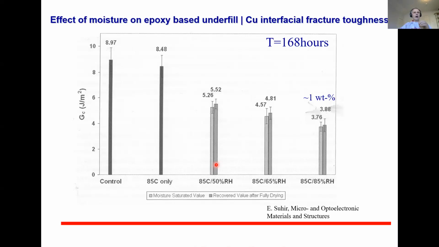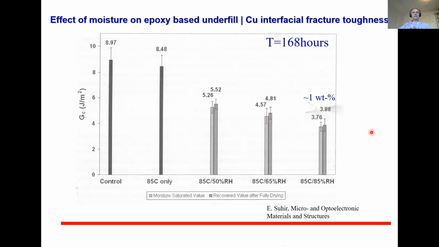So now, if the material would recover, we should jump back to this value. But it's not recovering, only a very, very minor amount. So what it means is that the interface strength is permanently decreased because of this moisture intake, even if you dry it.